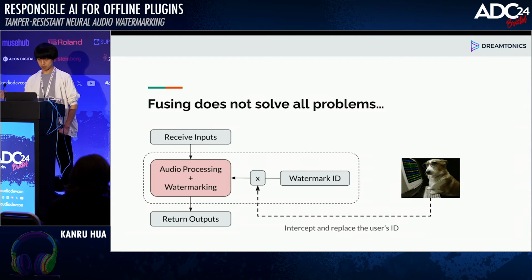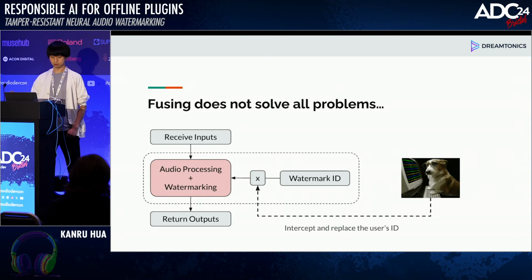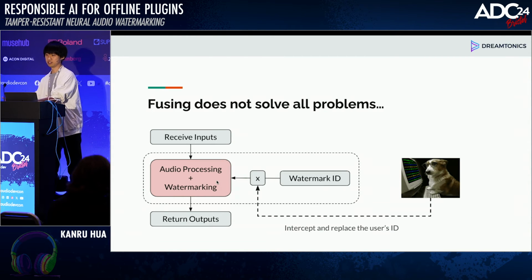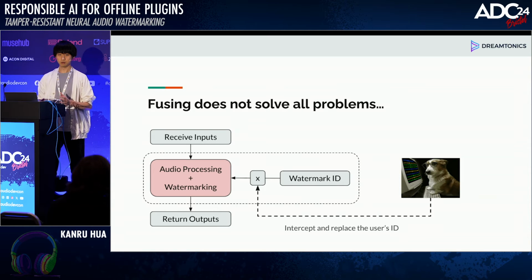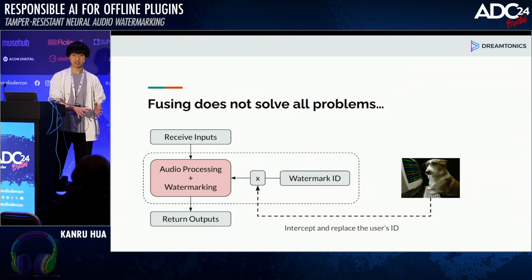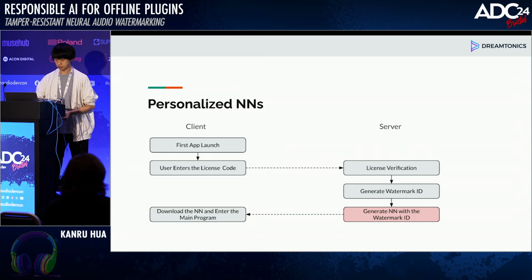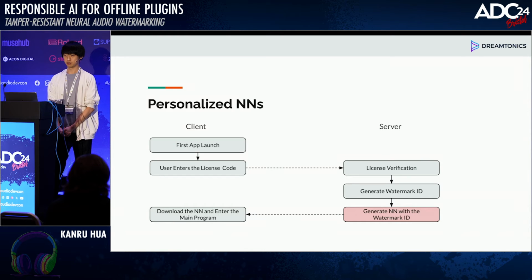So if you look at what we've done, the natural next step is to incorporate this watermark ID and take it inside the network. So make it one giant thing that has audio generation, watermarking, and the ID itself. But in order to do that, you would have to produce one unique network for each of the users. Think about it from the service design perspective: we have the client side and server side.